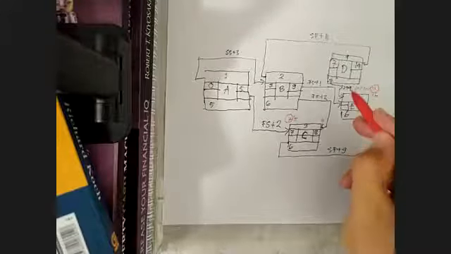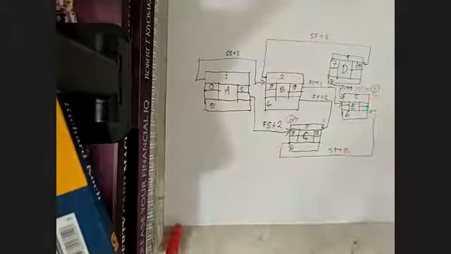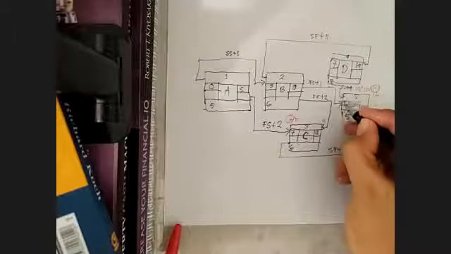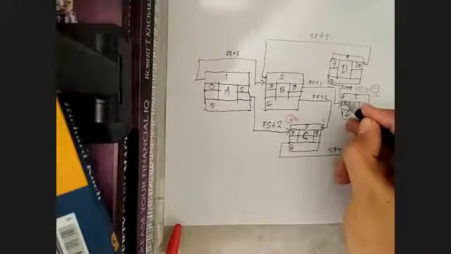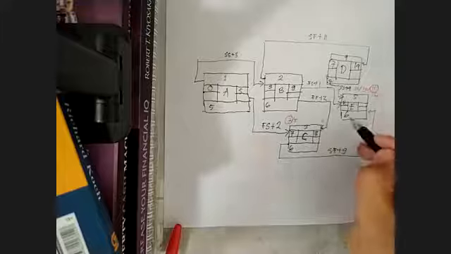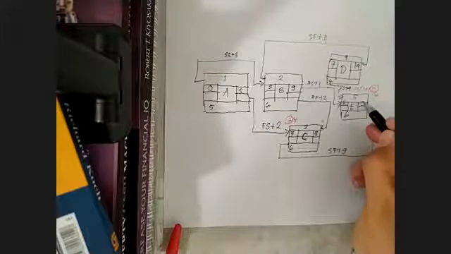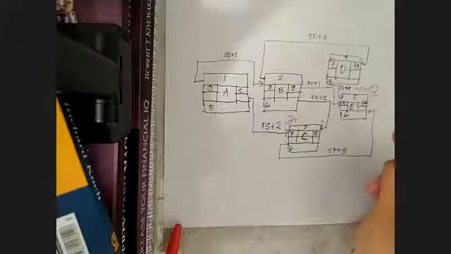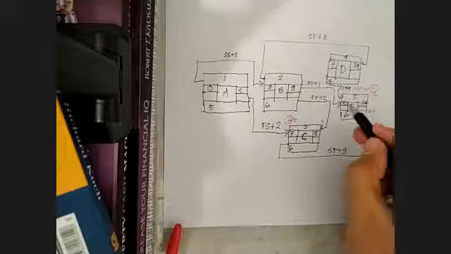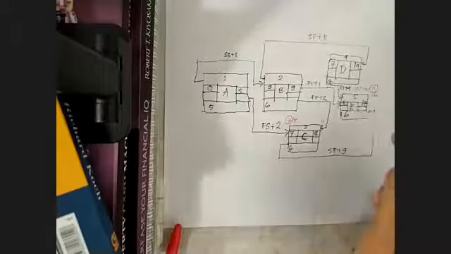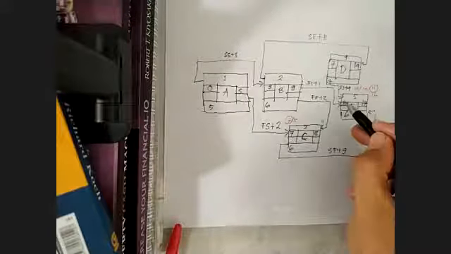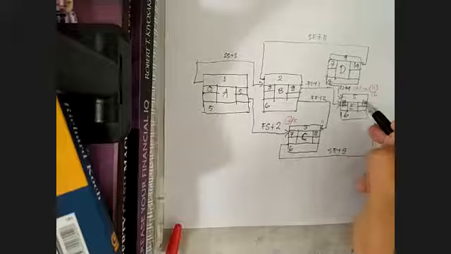So directly 11 should come into this column. This will be 11. 11 increased by 6, we will get 17. Okay, that's it. This is 17 and this is 11.